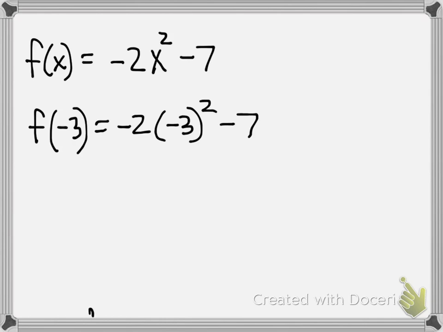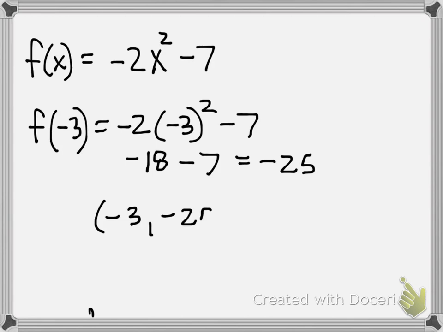Negative 3 squared is 9. 9 times negative 2 is negative 18. Subtract 7. That gives me negative 25. So, negative 3, negative 25.